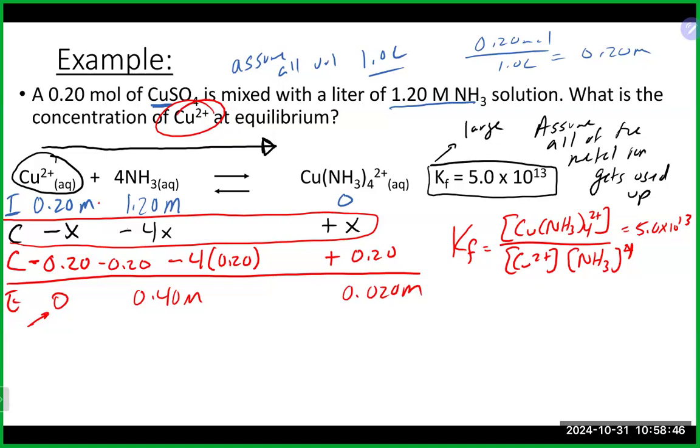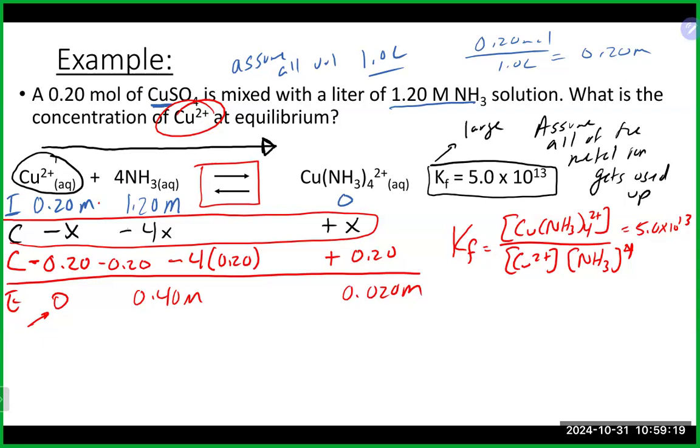The second part of the assumption is, although we assume that pretty much all of that copper 2 in this case is going to get completely used up to make this complex ion, it is unfortunately still a reversible reaction, which means even though almost 100% of it is going to go to the product side, there is still going to be just a little bit of it that's going to want to come back to the reactant side. So we're going to get a little bit of it coming back the other way.